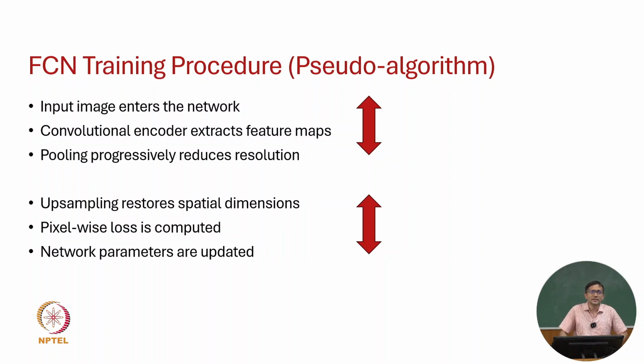So you can now focus on the second red arrow, where the upsampling is happening, and this is restoring the spatial dimension. Finally, we can compute pixel-wise loss, which can then be used to update the network parameters.